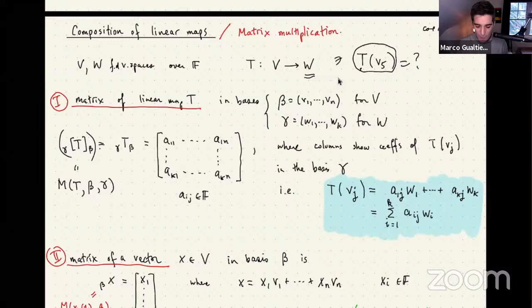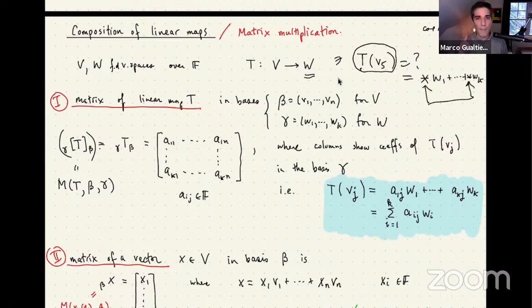If you have a preferred basis, like gamma, then I can expand this out as something times w1 plus something times wk, and I can transmit to you these numbers, a list of k numbers. Those k numbers are what's happening in the columns here. T of v1 is represented by these numbers.